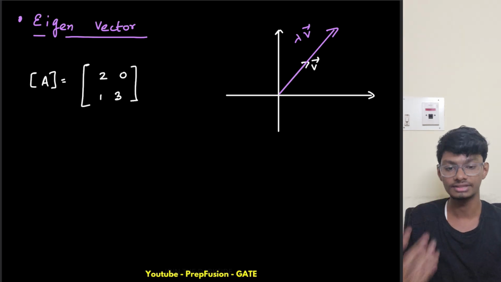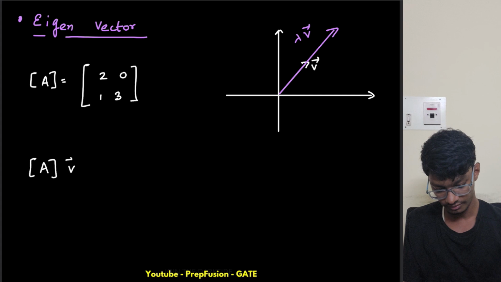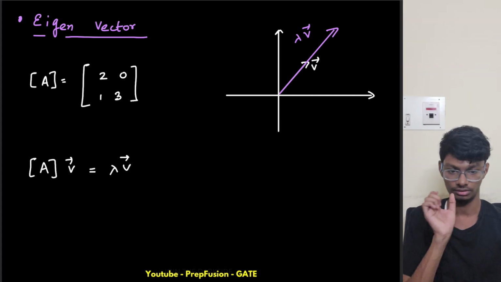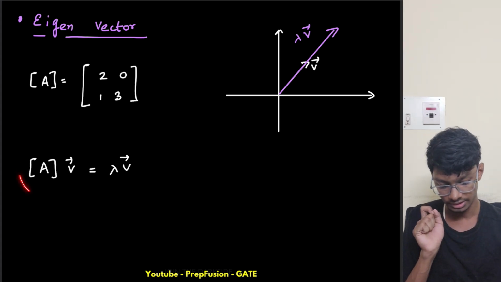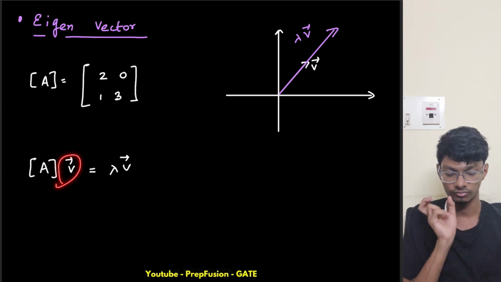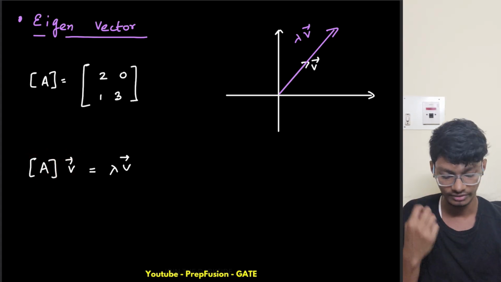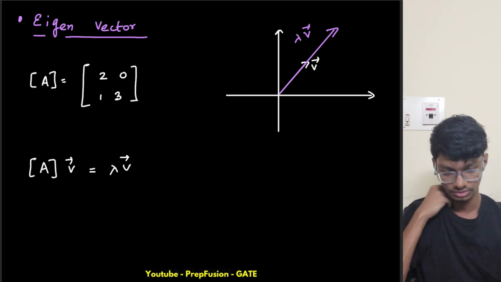So what should I write as the equation? This is A and this is a vector v, equals lambda times v. The result will be in the same direction, so the vector v will be an eigenvector of this matrix A. That's how we call it.